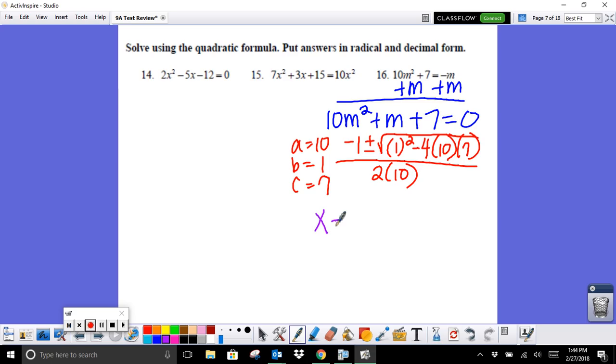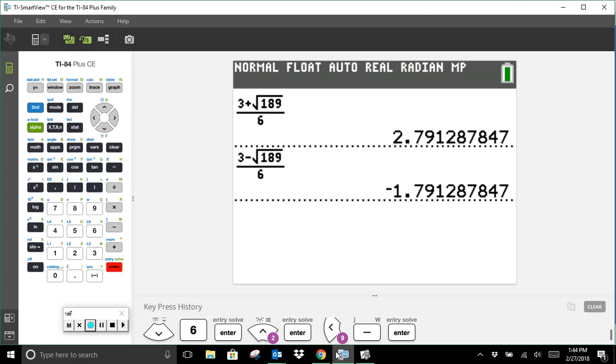Okay, so now I'm going to simplify everything under the radical. I'm going to go ahead and type that stuff in my calculator.